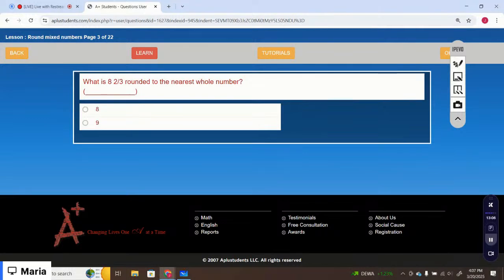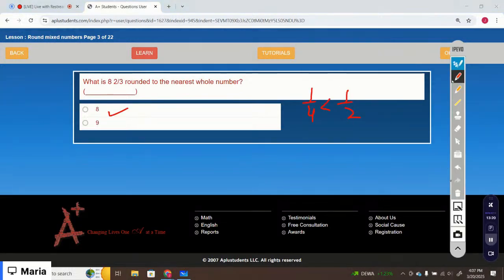So which is the correct option? 8 whole 2 over 3. So just look at the fraction part. That is 2 over 3. And 2 over 3 is greater than half.